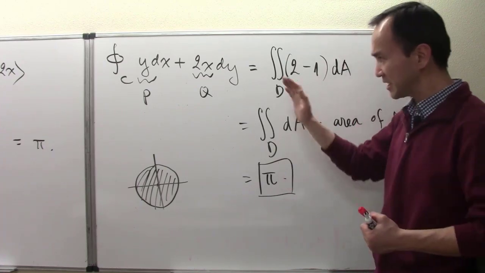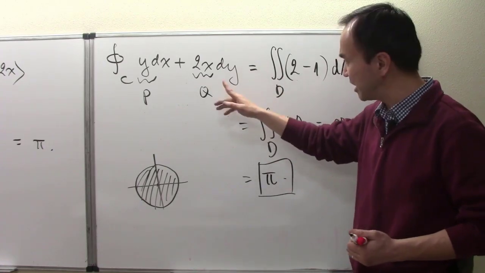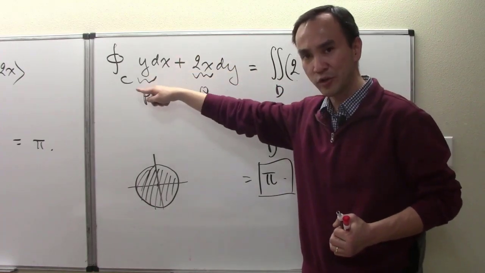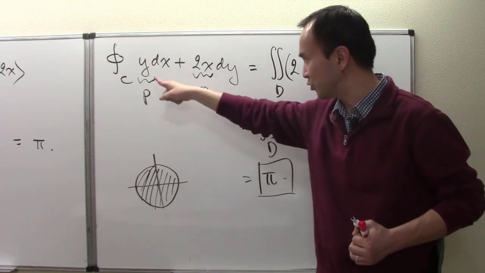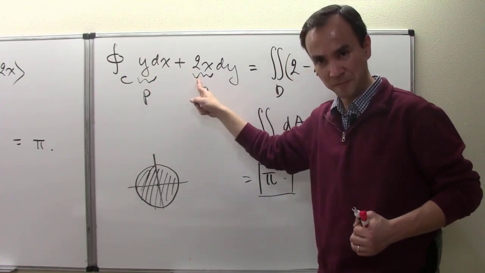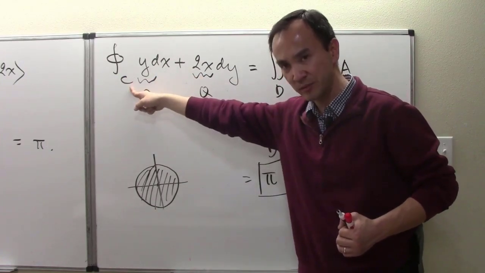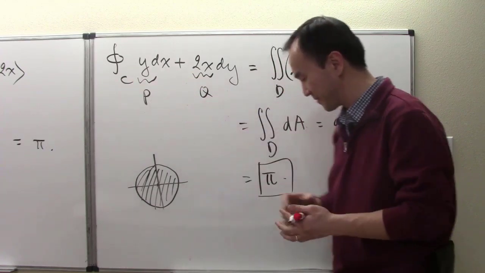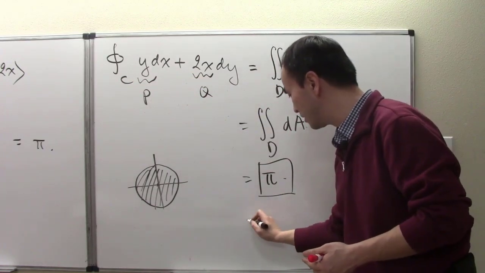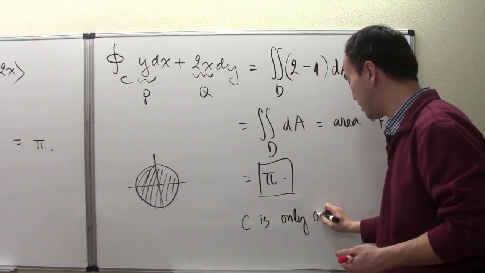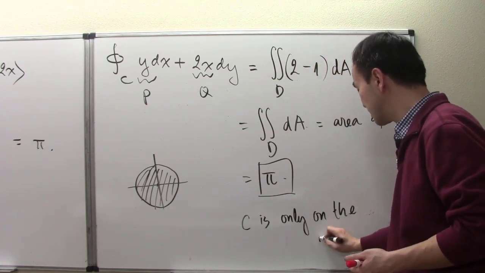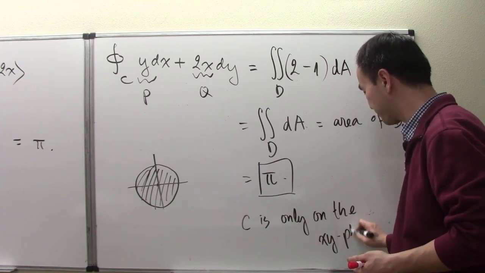And again, the limitation of Green's theorem is that it's only for line integrals where your curve is on a 2D path and your vector field is a 2D vector field. So this path has to be a path on the x and y plane. So C is only on the x and y plane.